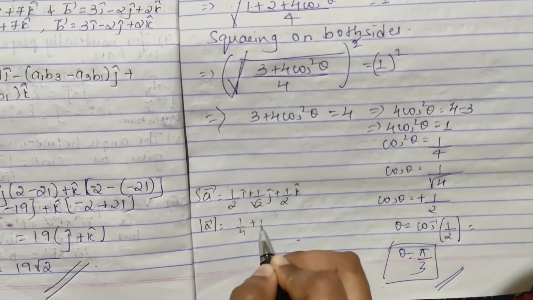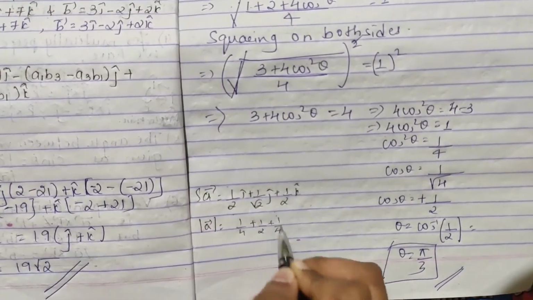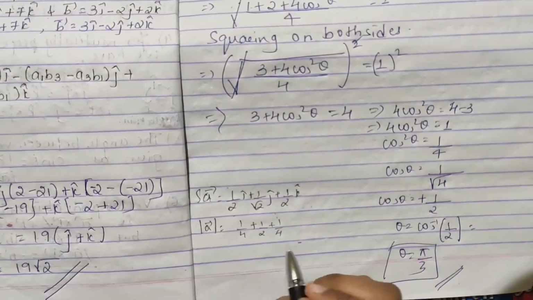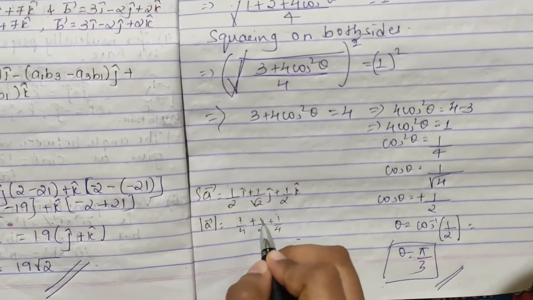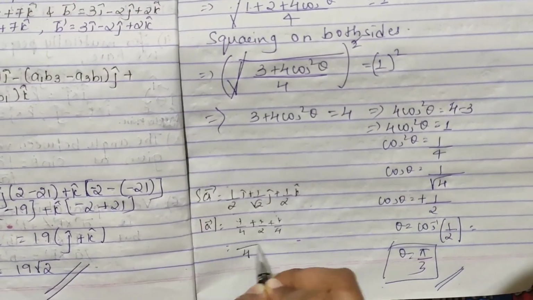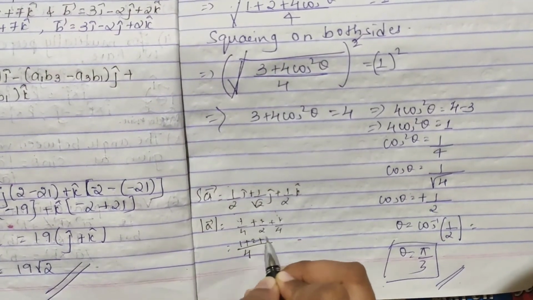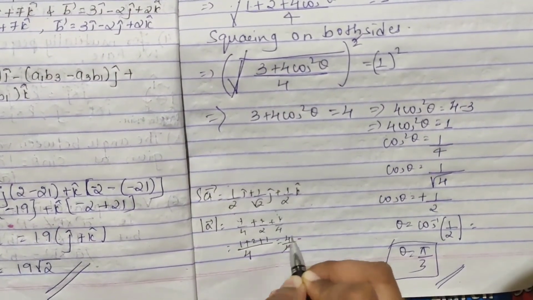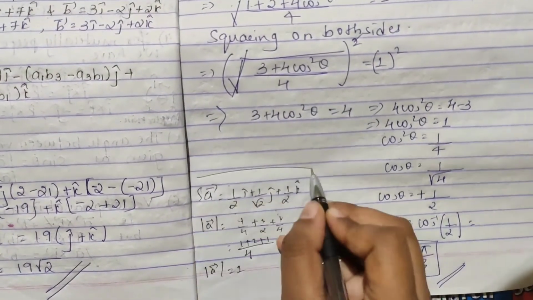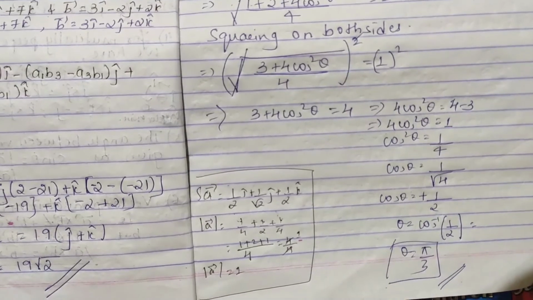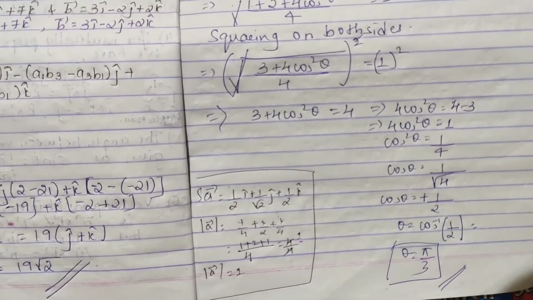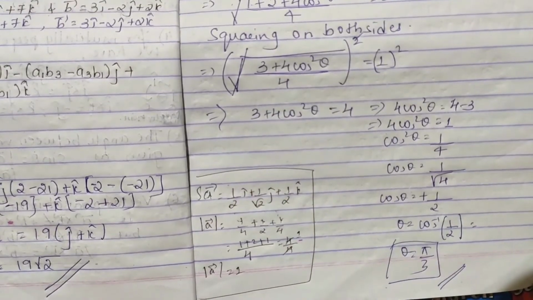Taking LCM 4, you get 1 plus 2 plus 1, so this is 4 by 4, which is 1. So what we have done is right: at the end we get modulus of the vector equal to 1 only. If you want, you can tally it in such a way.